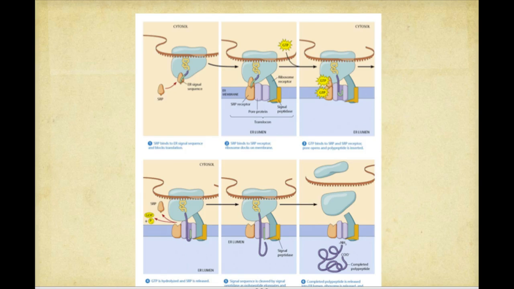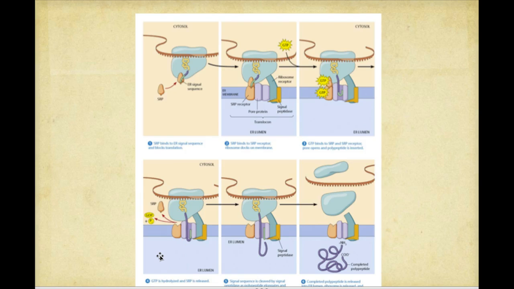And again, this is demonstrated on the bottom part of this diagram, which shows us that on the lower left-hand side, the signal sequence is bound inside the pore, translation restarts, the purple strand gets longer and longer, feeding down into the pore, but then the signal peptidase, shown in gold, is going to act to cut off the signal sequence.